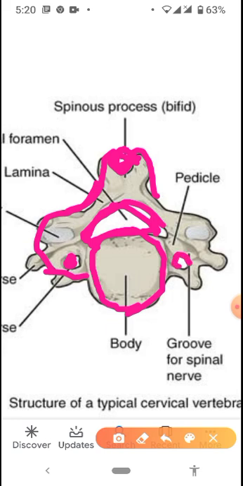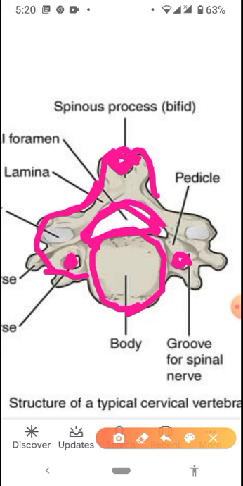These two foramens are basically for the vertebral arteries. The vertebral artery is moving in the cervical vertebra from C1 to C6, and here is a hole, here is a foramen. That's why it is called the foramen transversarium. Okay, so these are the things we have to discuss about the typical cervical vertebra.